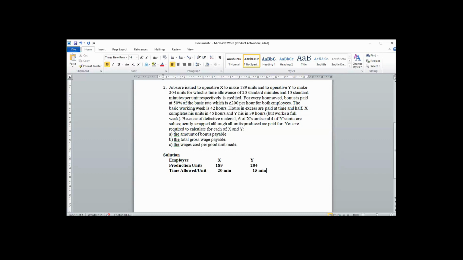Now, we are also told that they pay bonus. What is the basic pay rate? 200 cedis per hour for both employees.